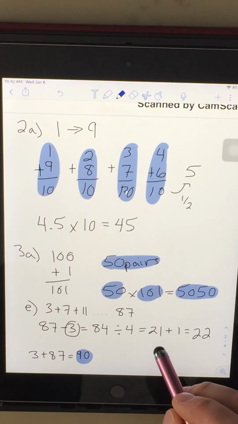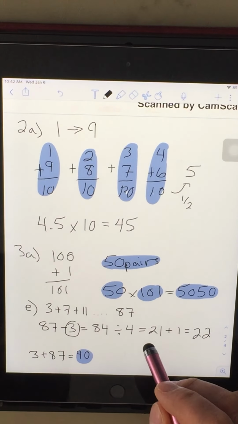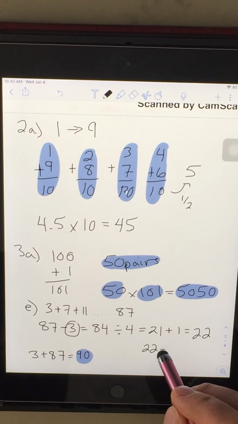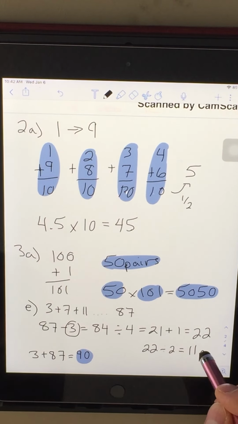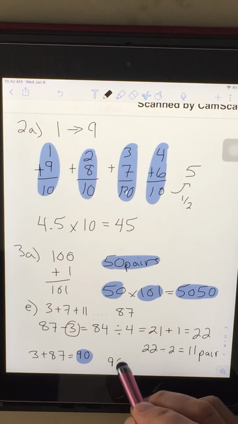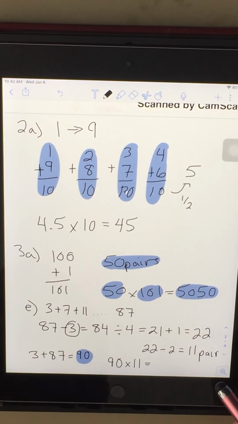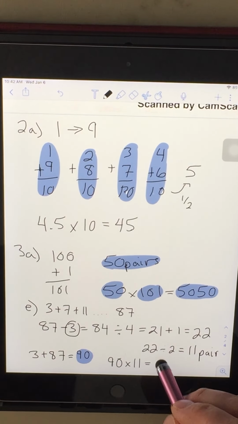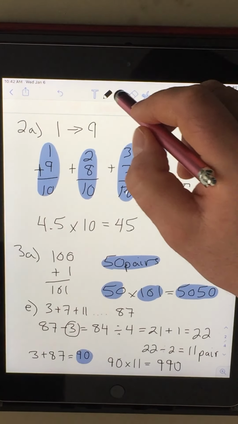We have 22 numbers, which means, let's divide that by 2 to get our pairs, which means we have 11 pairs of numbers. So we take 90, which is our sum of the pairs, times 11 pairs. 90 times 11 will give us our sum, and that's a sum of 990. So there's our final answer.